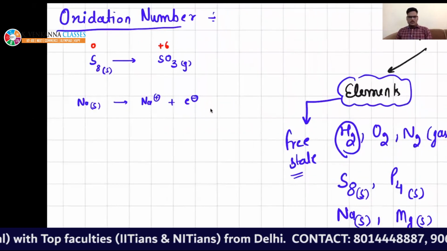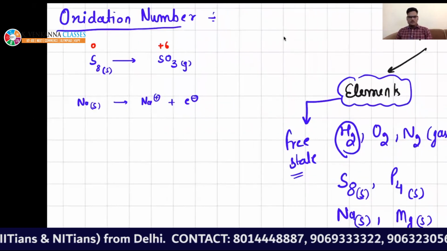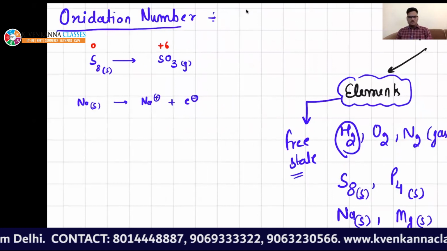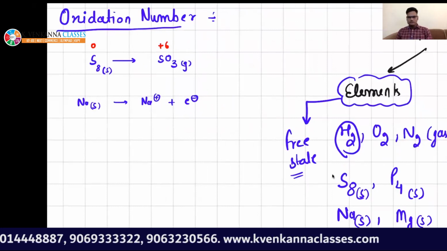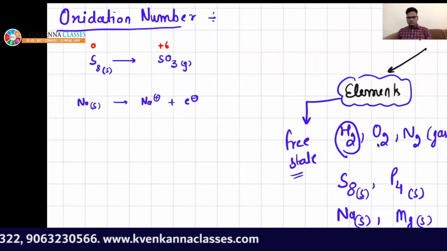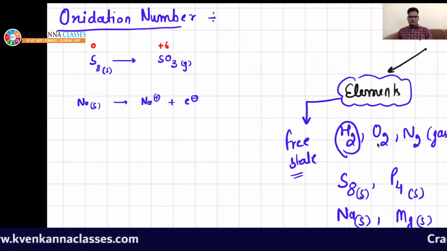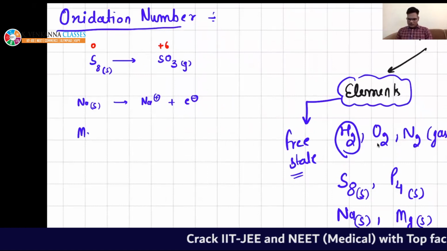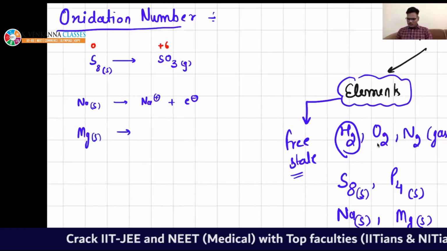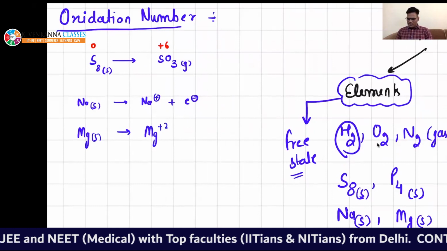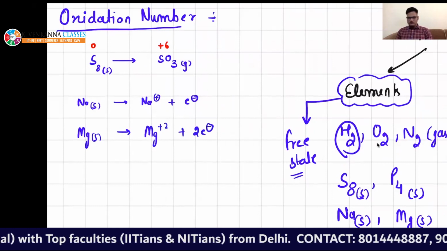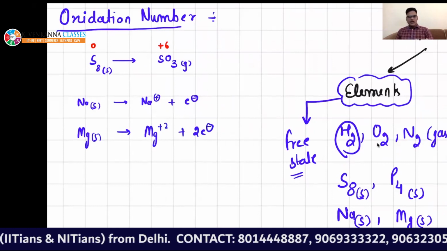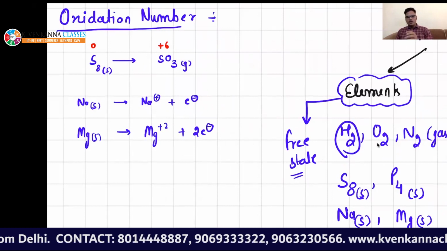Like, okay, I will give you another example. If you want to convert Mg to Mg plus 2, then it needs to lose 2 electrons. If you want to carry the charge of plus 2, you have to lose 2 electrons.